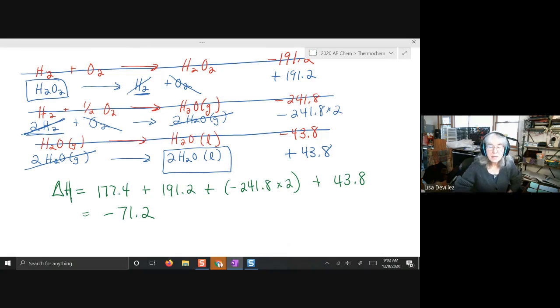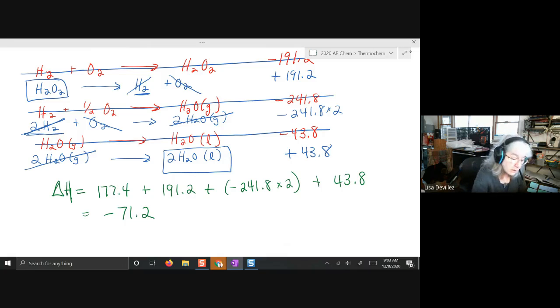Okay, so pretty straightforward. These are usually the problems where, whenever somebody sees that there's a Hess's Law problem on an AP exam, it's like, "Yay." Once you get the hang of it, it's pretty easy to do.